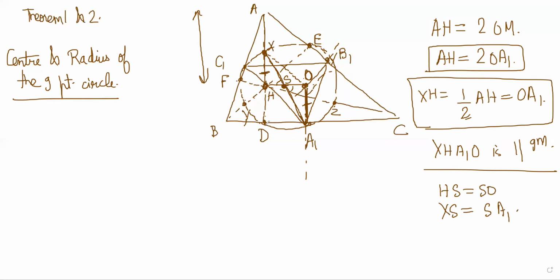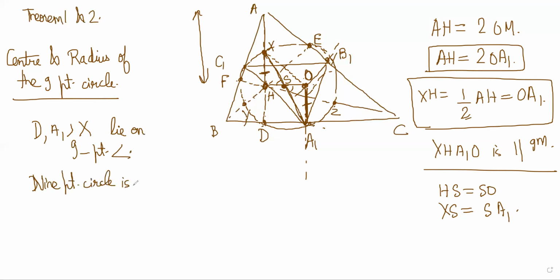Now, D, A1, and X lie on the 9-point circle. Therefore, the 9-point circle is the circumcircle of triangle XDA1.